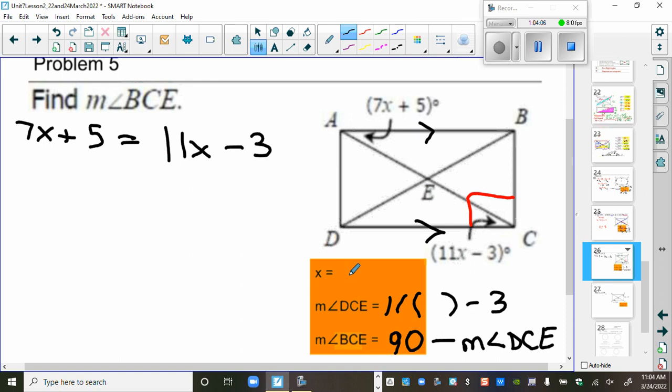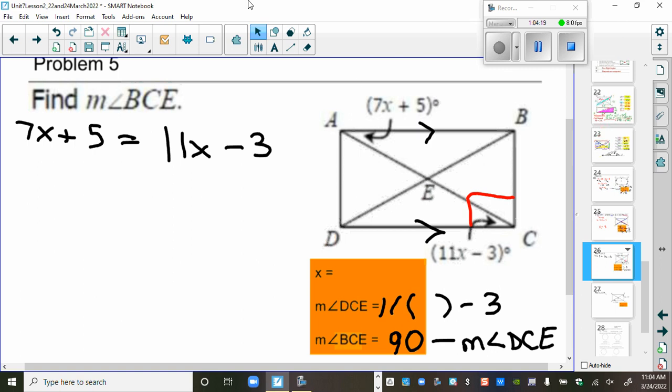So once you get your x, boom, plug it in. Get DCE. And then once you get DCE, you get BCE. Just take 90 away from that, whatever number you get.